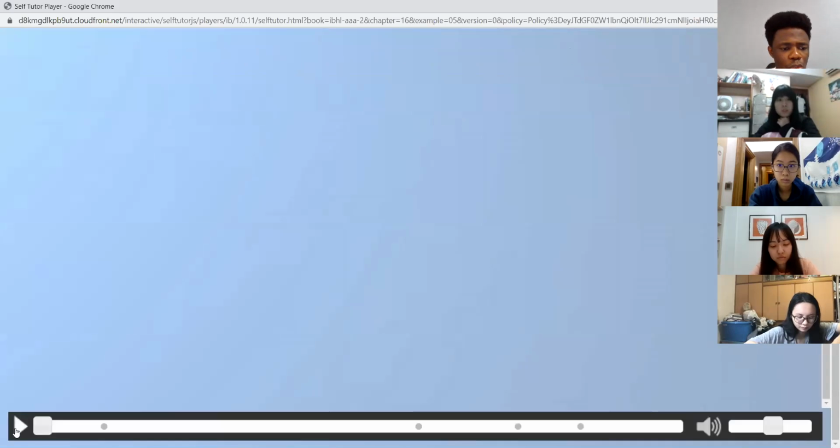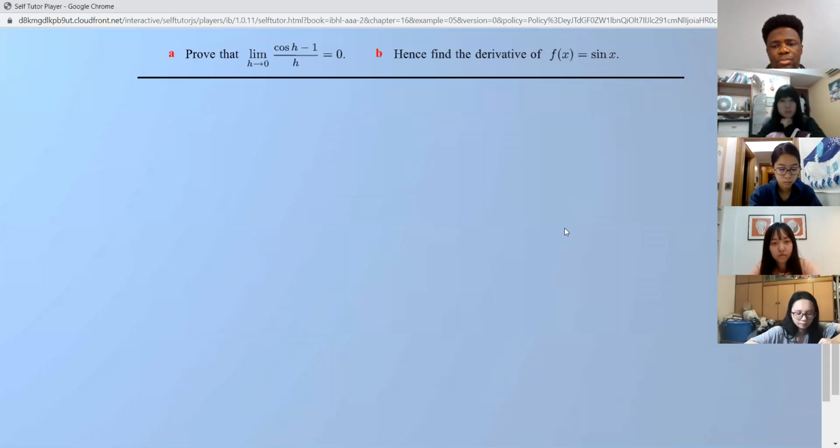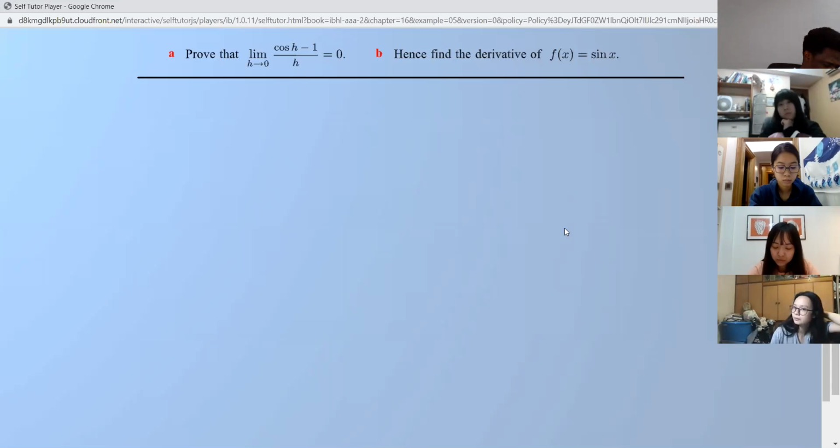In this example, we use first principles to find the derivative of the trigonometric function sine x. However, before we do this, we are asked to prove that a particular limit is equal to 0. We will need this limit for calculating the derivative. Look at the limit.